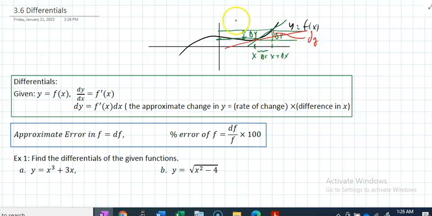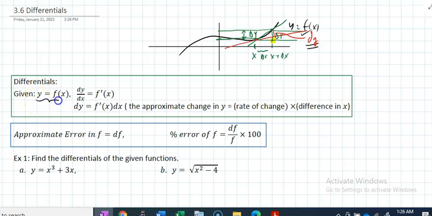So you'll notice there's a small margin of error right there. You're off slightly if you use the tangent line instead of using the actual. Now the actual is a lot of work. The approximate gives you a very good idea of how this works. And this is how we find it.